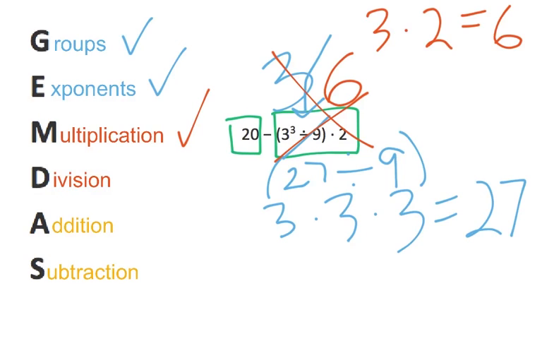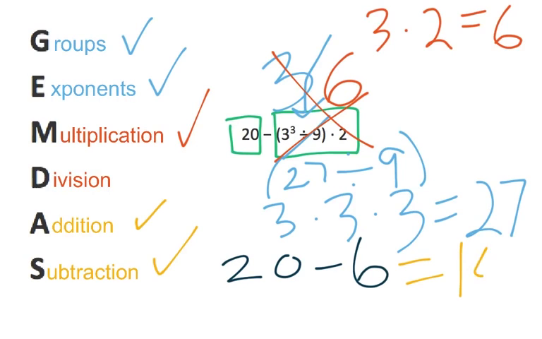I don't have any division. So now that I've gotten my terms down to a single number, I'm looking at 20 minus 6. I don't have any addition, but I'm going to take care of the subtraction now, and that ultimately gives me 14. So this entire expression comes down to 14.